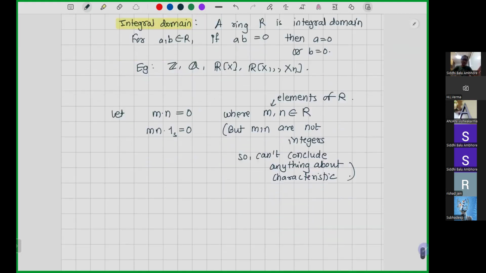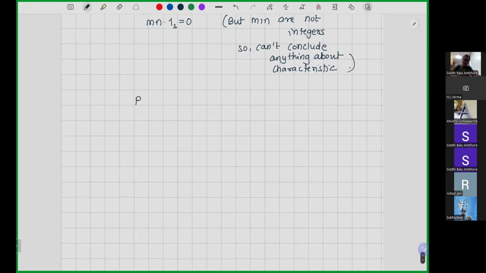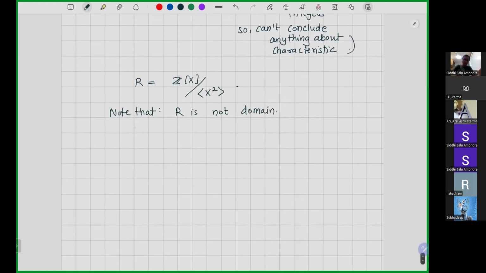Okay. So we can take this ring R. As suggested, we will take this R to be Z[x] mod (x square). Is this ring okay? What is f from Z to this Z[x] mod x square? So this is not a domain. First of all, note that R is not a domain.